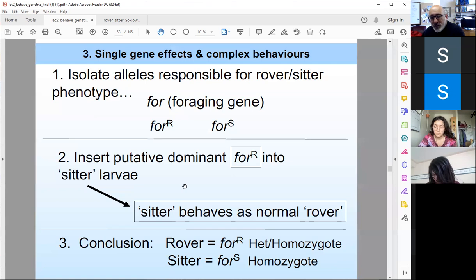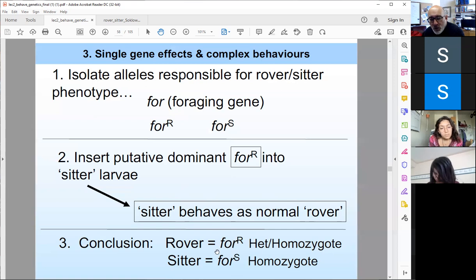I haven't shown you all this, but they have been able to identify this foraging gene. They've been able to insert that gene into these fruit flies, and they can turn a sitter into a rover by inserting this gene. So this gene clearly has an effect on behavior.